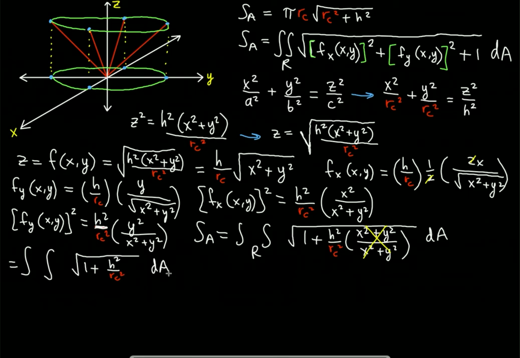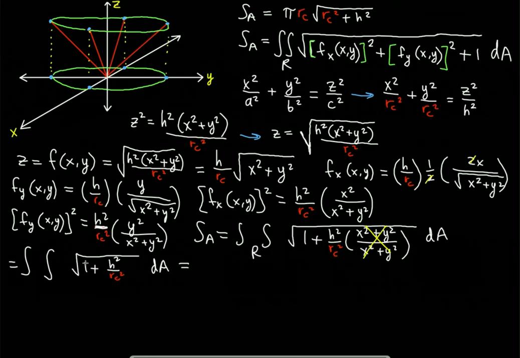Okay, so now that we have that, notice that first of all, this thing is going to be constant. Square root of 1 plus h squared over rc squared is going to be constant, because h and rc are constant, and so is 1, right? So the square root of that will give you a constant. But let's rewrite all of that just in case. Notice that we can combine this into a single fraction. 1 plus, so rc squared plus h squared over rc squared will be the entire fraction.